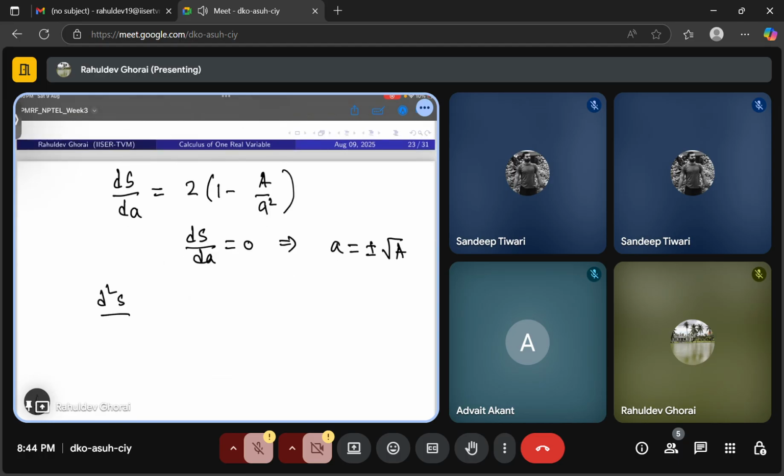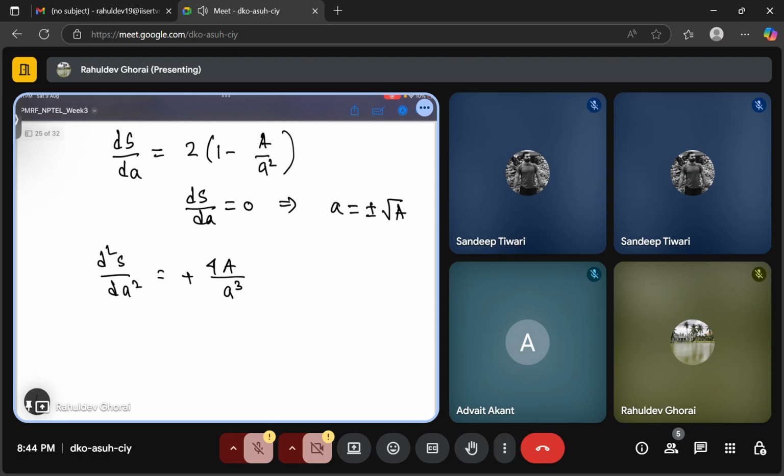Now d2S/da2 will be 2 times, a to the power minus 2, so it will be 4 times A over a cubed, so d2S/da2 is greater than 0 if a is equal to square root of A.